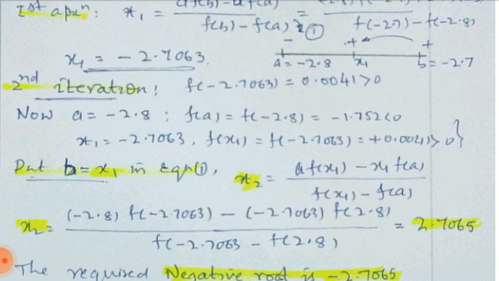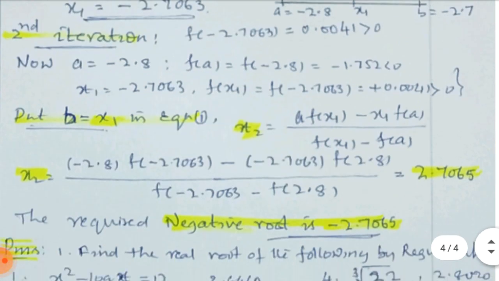We get x2 is equal to minus 2.8 into f of minus 2.7063 minus minus 2.7063 into f of minus 2.8, divided by f of minus 2.7063 minus f of minus 2.8. Simplify, we get minus 2.7065.